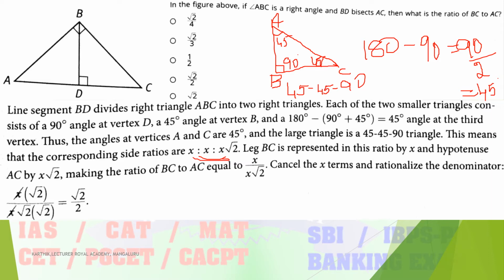So this 90 degrees side is x square root of 2. Opposite to 90 degrees, x square root of 2. Opposite to 45 degrees, that is x.